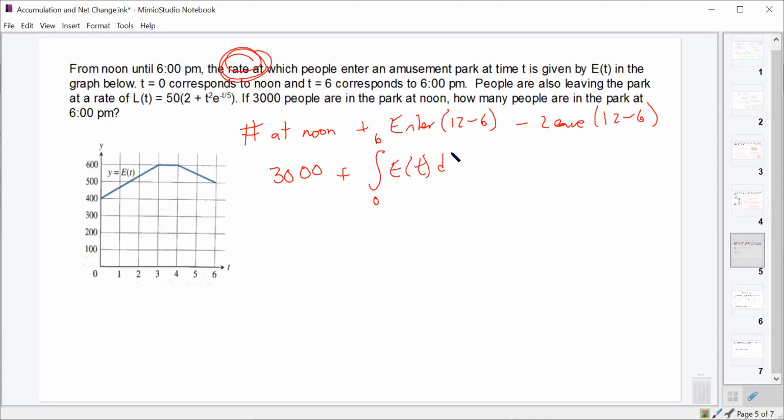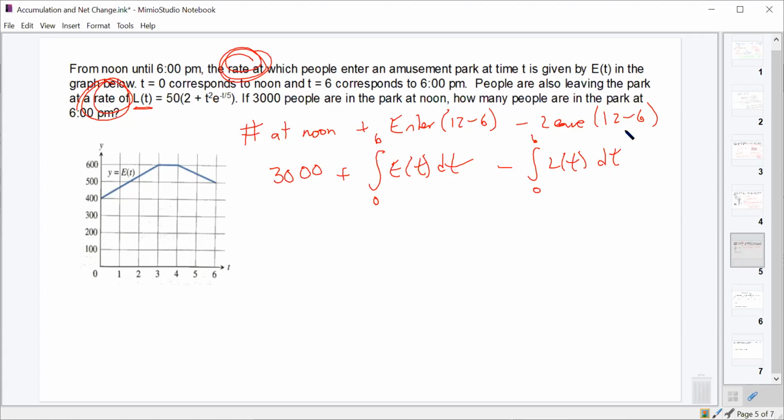And what should be the number of people that leave from noon to 6? Well, we're given a function L of t that is the rate at which people leave. So that should be the integral from 0 to 6 of L of t dt. Good or no? Yeah, good.